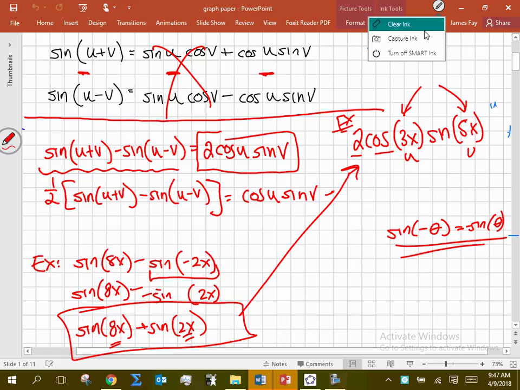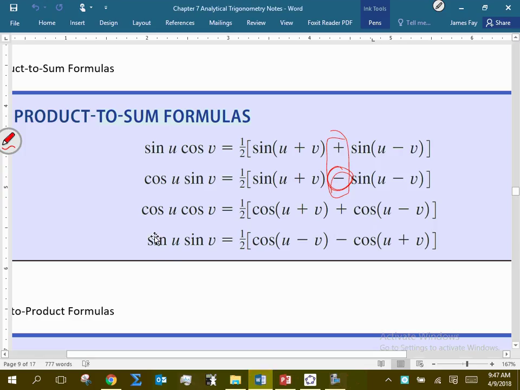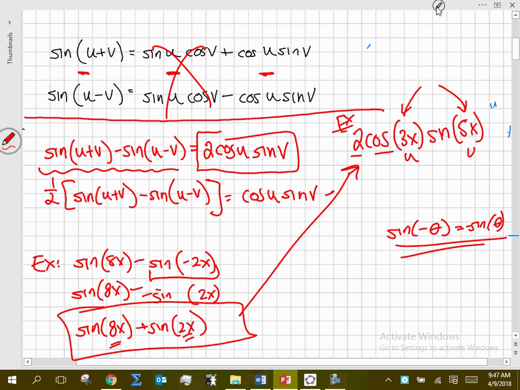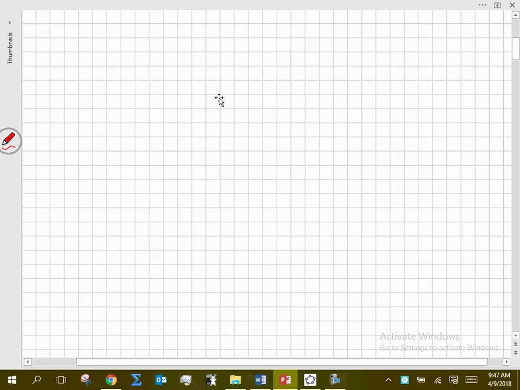So how do you think these other 2 get developed? Using the cosine sum and differences, right? So if you look at those, just write one of them out real quick, and then we'll get on to the other approach.